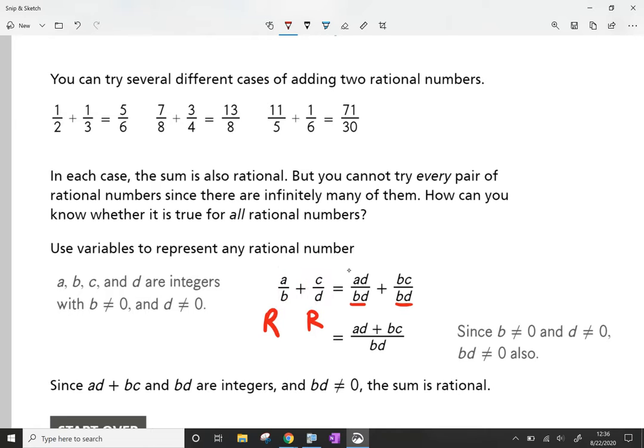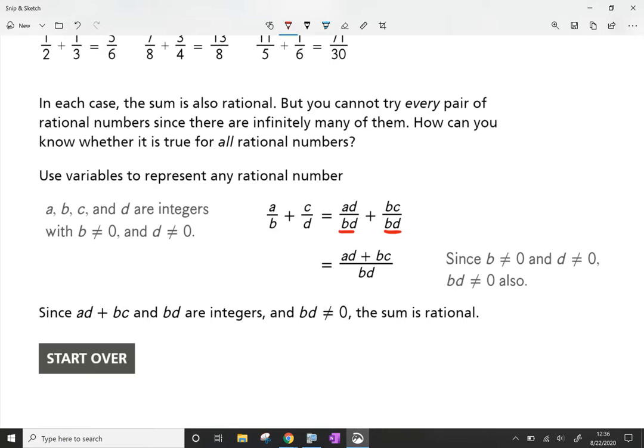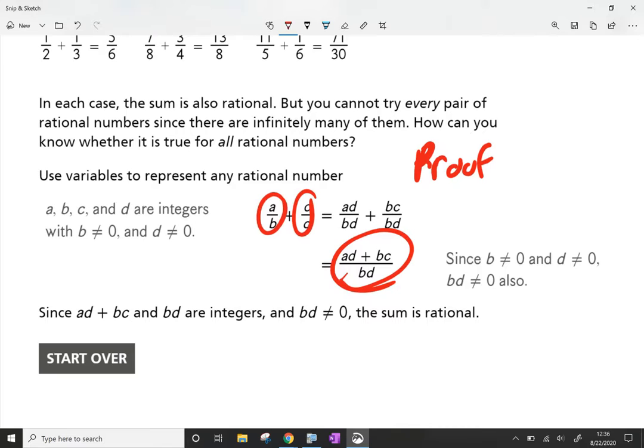So this is just what we call a proof. If you want to take time to screenshot this or write this down, it's helpful. This would be known as a proof, a way of saying any generic rational number plus any generic rational number is always going to equal some generic rational number.